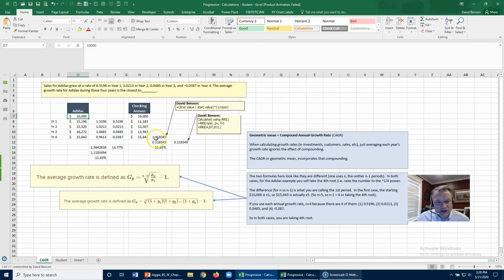So if I do end value divided by starting value, I raise that to the 1/4, and that gives me that 1.11. When I subtract 1, I get the 11.83%. And then now in Excel, since Excel 2016 or something, they've used this RRI formula, which is a lot better.